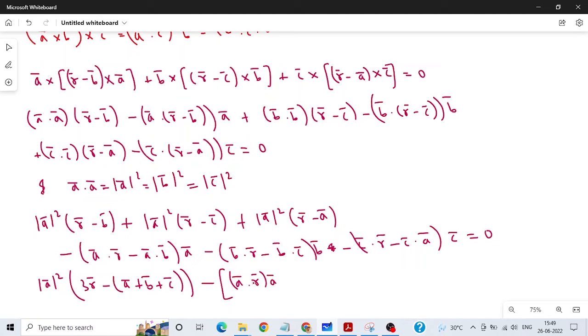a bar. Okay, a bar dot r bar is a scalar multiplied to the vector a bar minus, so it becomes plus because we have taken minus sign common. We have b bar dot r bar b bar, then plus c bar dot r bar c bar.